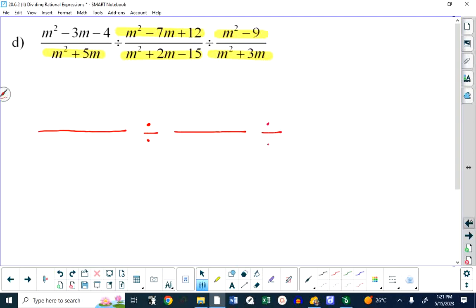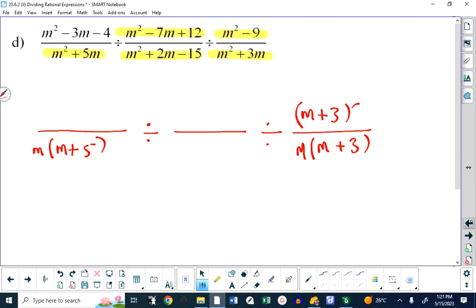These are all pretty easy to factor because they either contain common factors like the m squared plus 5m or like the m squared plus 3m, or they're really basic difference of squares like m squared minus 9.